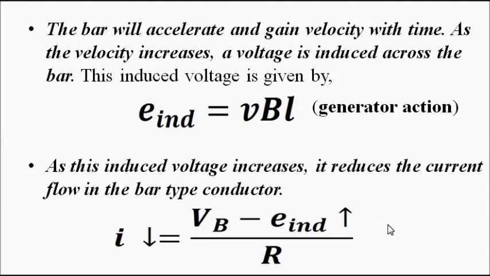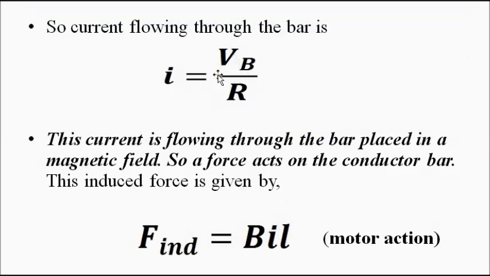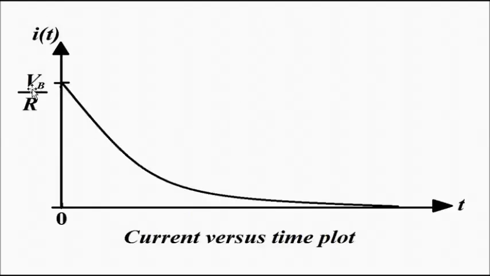As the induced voltage started to increase, the current started dropping, from maximum VB by R to almost 0.